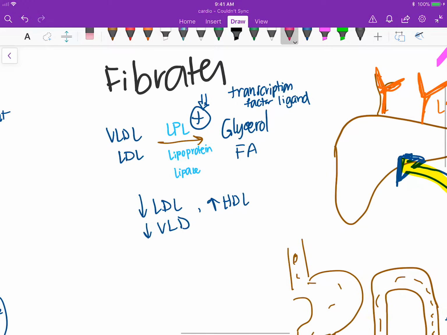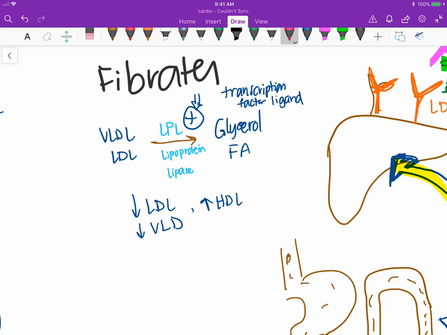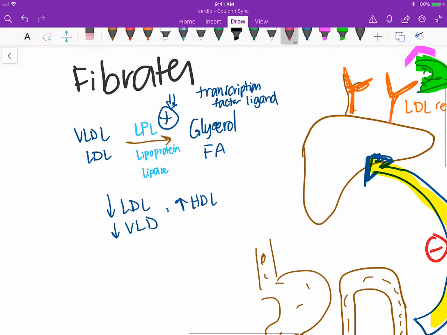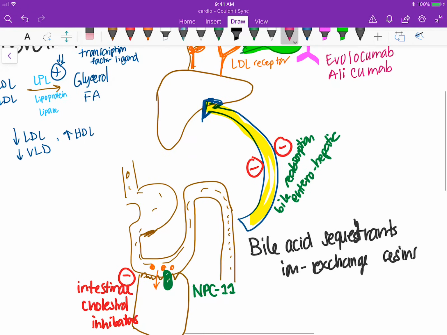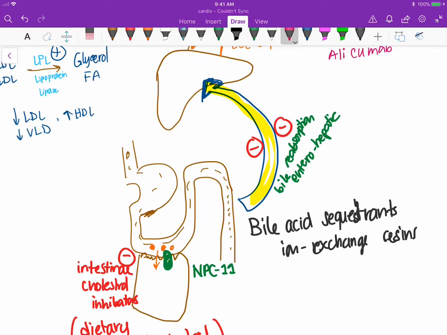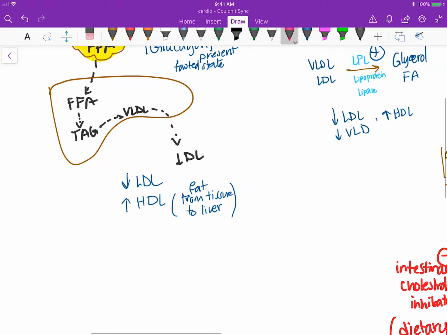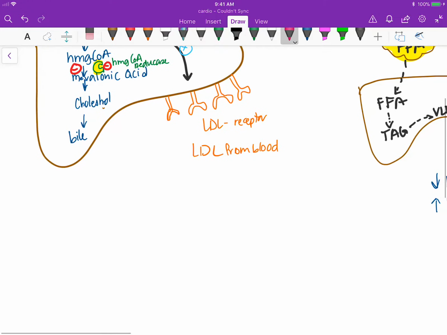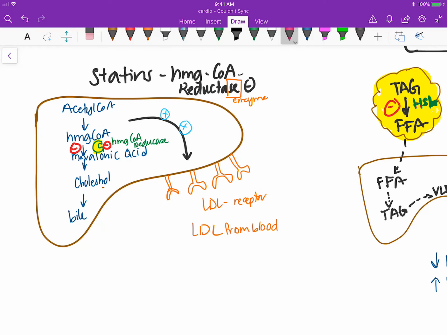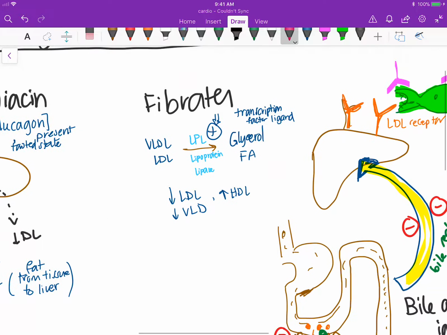You have fibrates that are basically a transcription factor ligand. They cut down the VLDL and LDL. Then you have some bile sequestrants that prevent the bile from going to the liver, so the same kind of action as a statin, where statin is also preventing cholesterol formation.